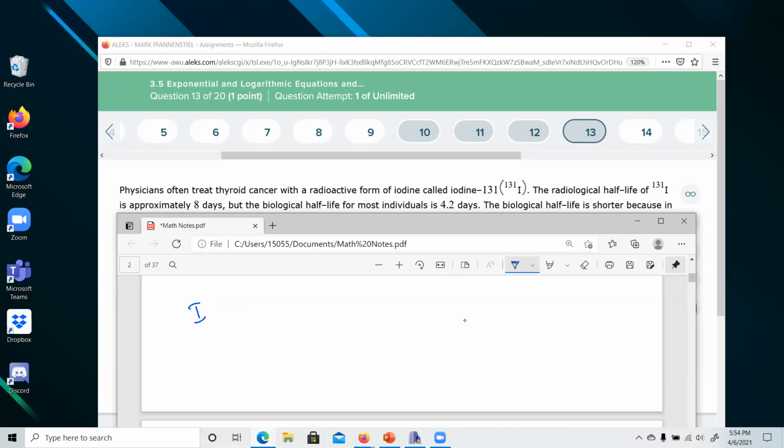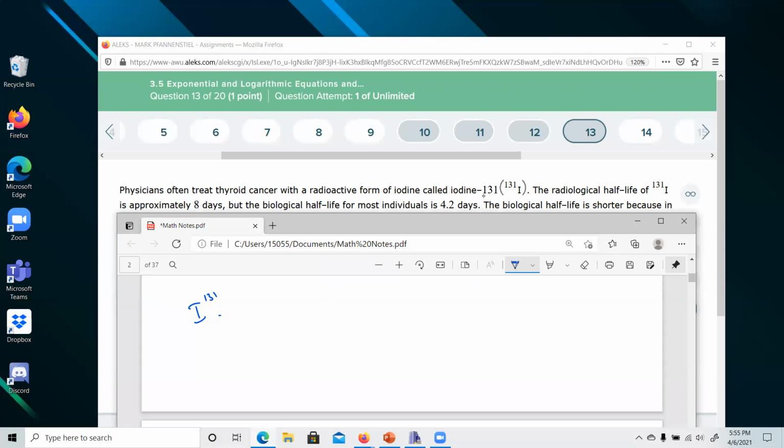Okay, so I-131. This 131 has nothing to do with the problem. It might as well be blue iodine. Okay, it's the type of isotope because different atoms can have different numbers of neutrons in them. It's just the kind of iodine that it is. It's a radioactive form. That's all it's talking about.